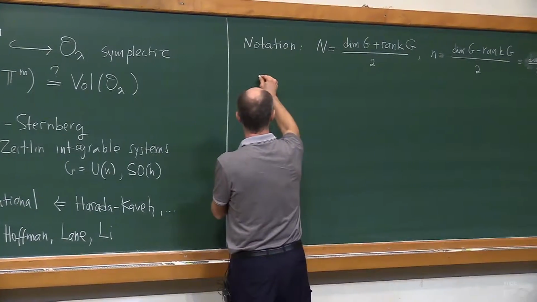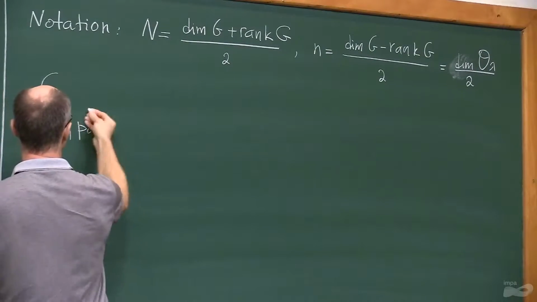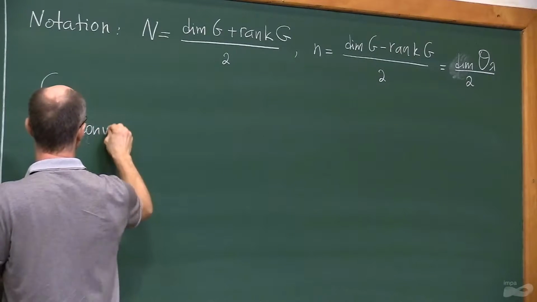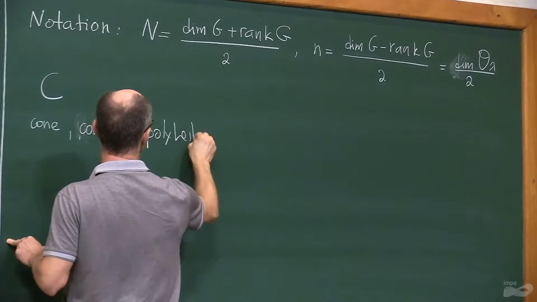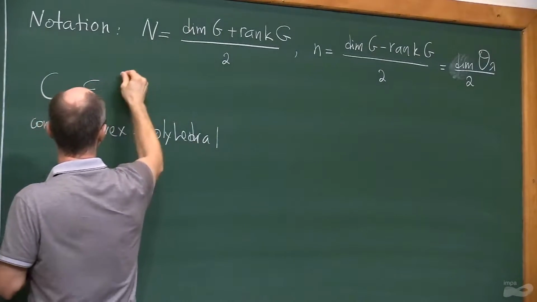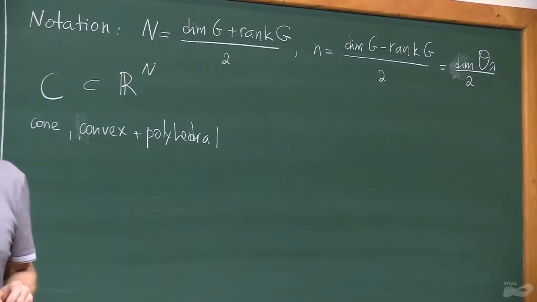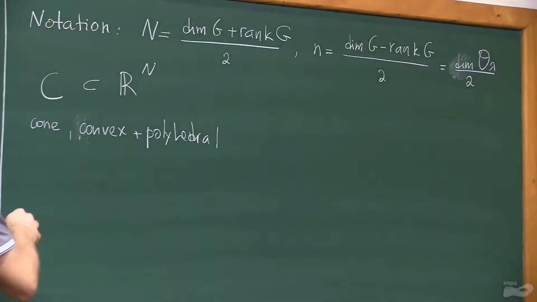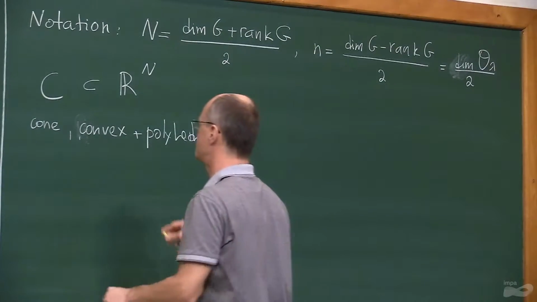So then an important thing will be a certain convex polyhedral cone inside R capital N. First, I won't be saying much about it, and then I will introduce some implicit description, and towards the end, if I have enough time, I will introduce an explicit description of it.